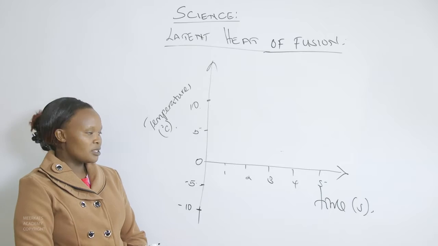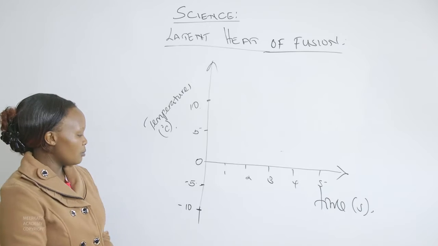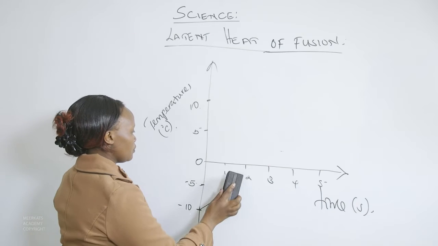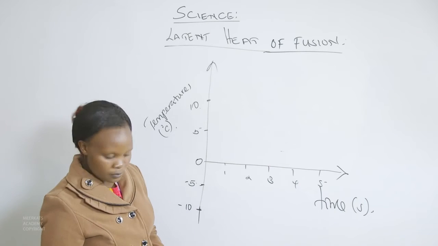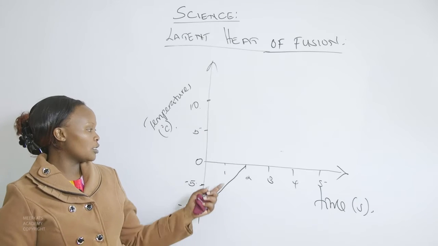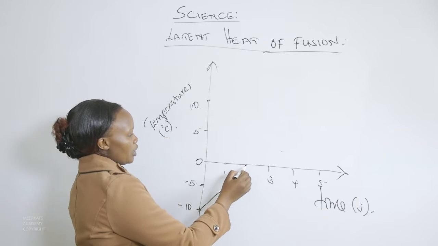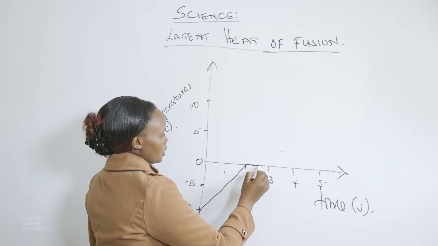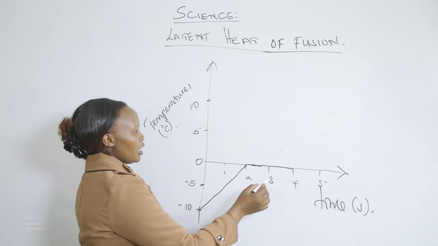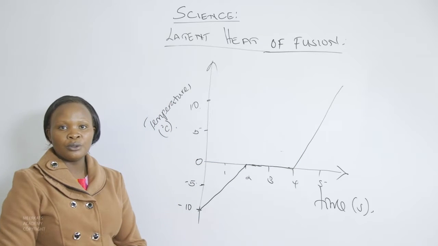When we heat ice, its temperature is going to increase up to the melting point. Here we are going to heat it and realize that there will be no change in temperature for some time, and then after all our ice is melted, temperature will continue to rise.